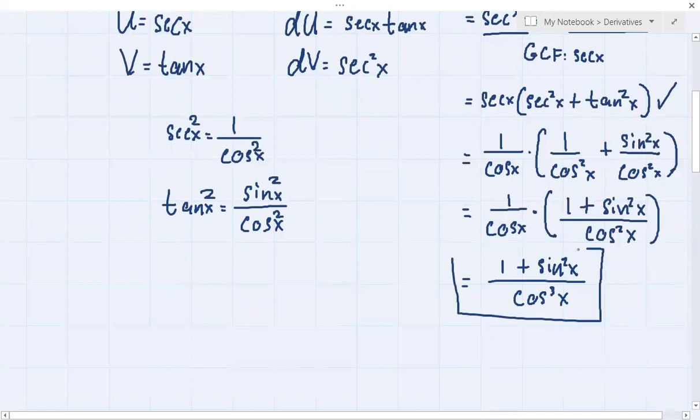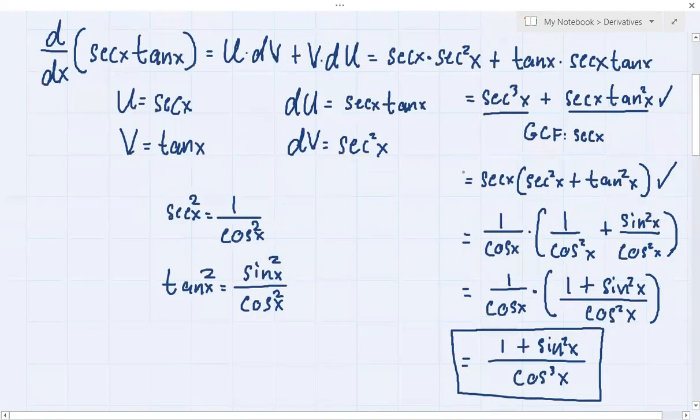O, diba? This is already simplified. So it's up to you. Siyempre, mas pipiliin ko to kasi mas simple to eh. Pero if you want to convert this whole function or this expression into sine or cosine, then I recommend you to pick this one.